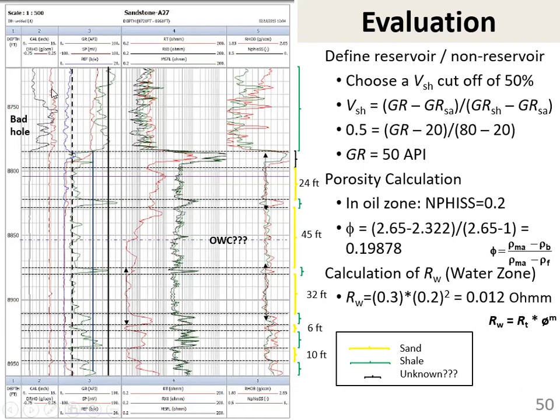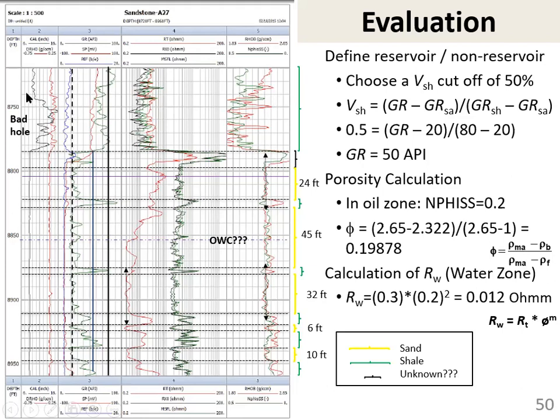So basically, with discountenance, no interpretation, no parameters would be inferred from this section of the hole. So first of all, before you go ahead with any interpretation, you've looked at the scales. The next thing is to look at the integrity of the hole.